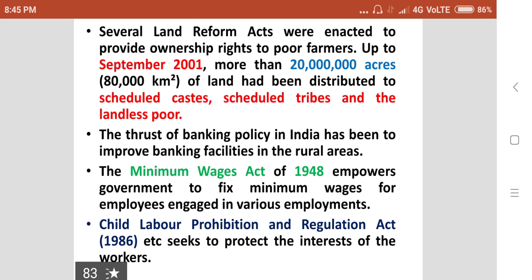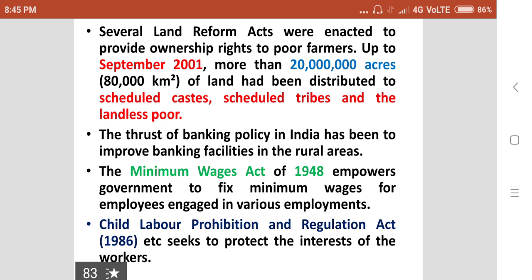The thrust of banking policy in India has been to improve banking facilities in the rural areas. The Minimum Wages Act of 1948 empowers the government to fix minimum wages for employees engaged in various employments.